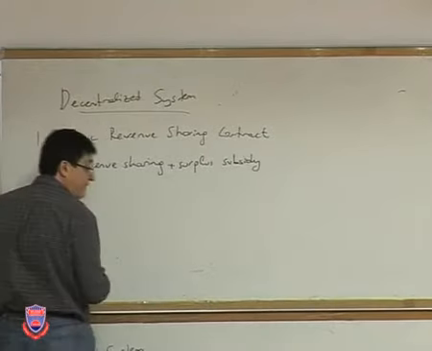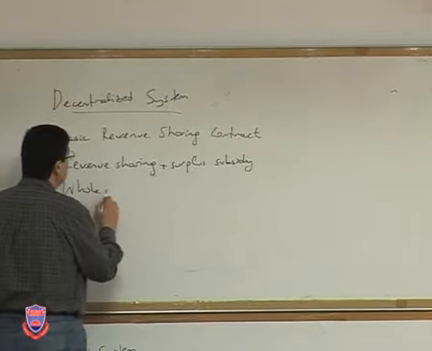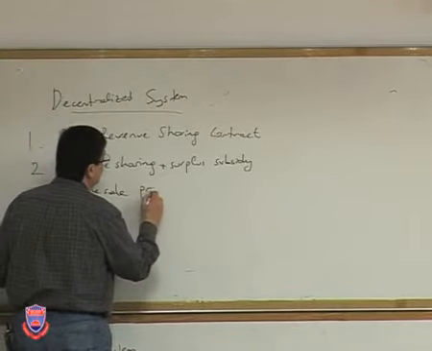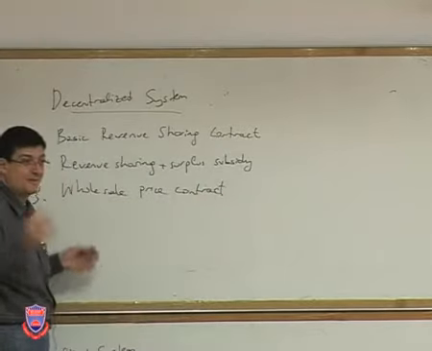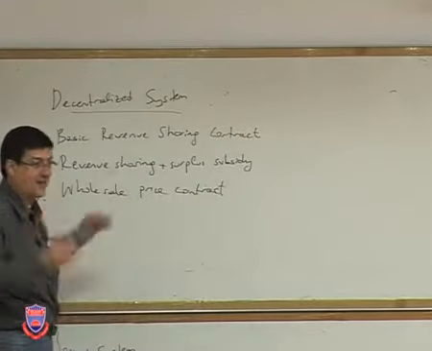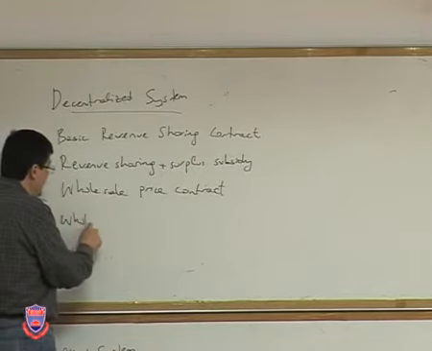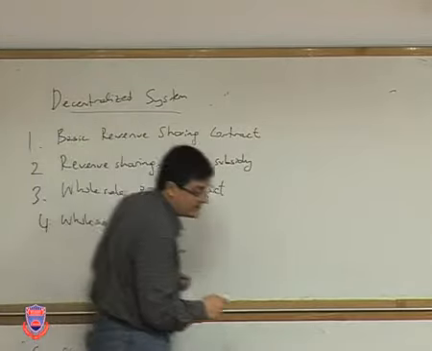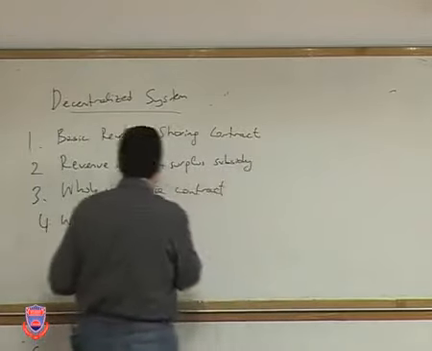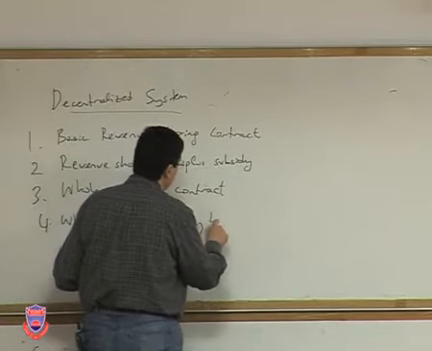And then we're going to have a third one, which is the wholesale price contract. So this is the traditional one. You simply buy items from the assembler, and that's it. And number 4, you're going to have the wholesale price plus surplus subsidy, or wholesale price contract with buybacks.